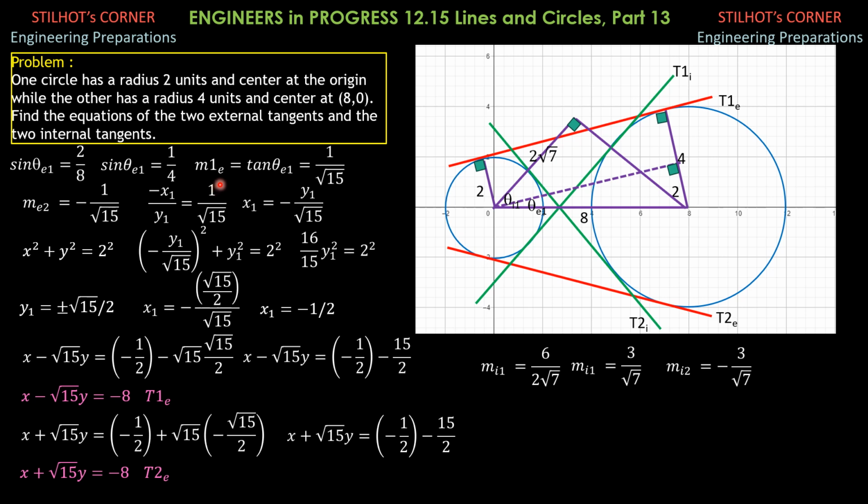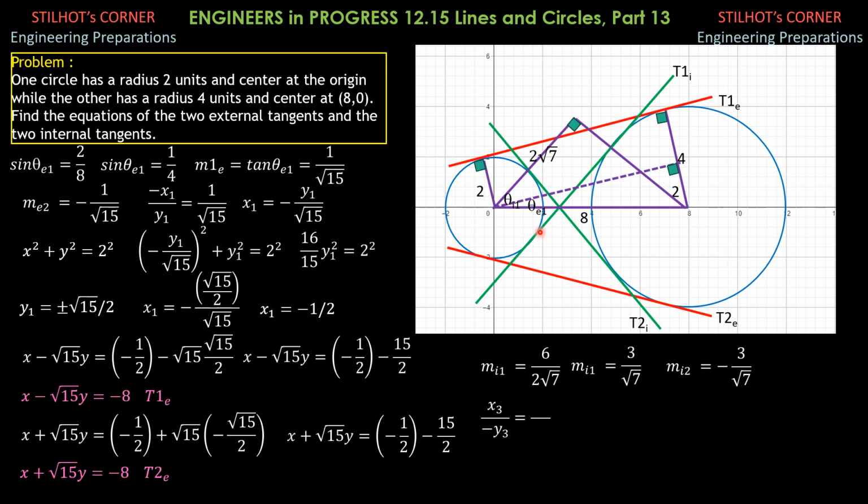But this time I'll use the concept that for this circle, x squared plus y squared equals 2 square, I replace x squared by x1 and y squared by y1.